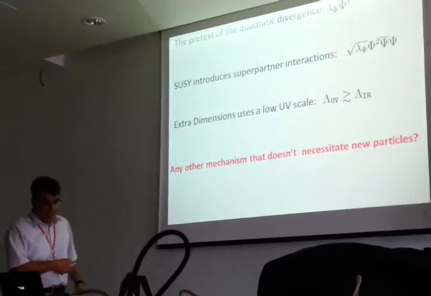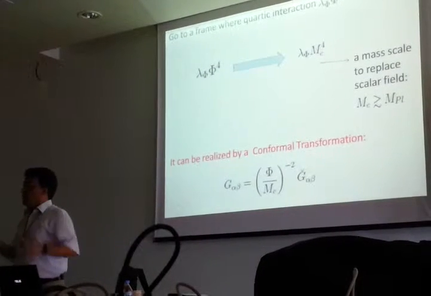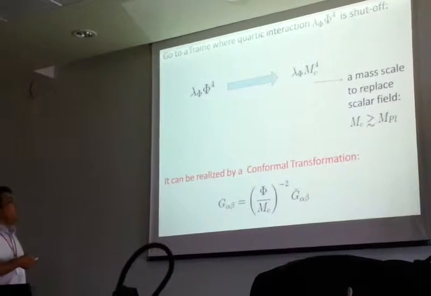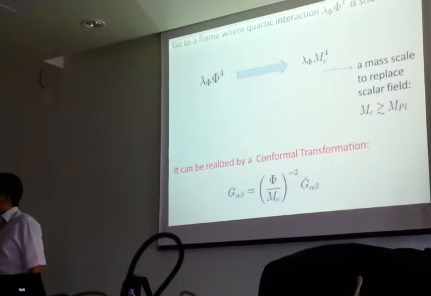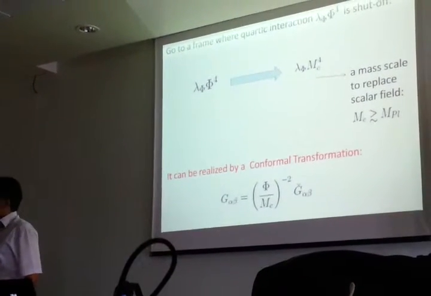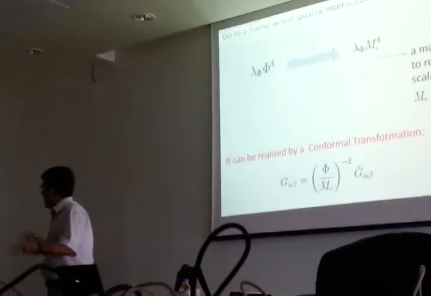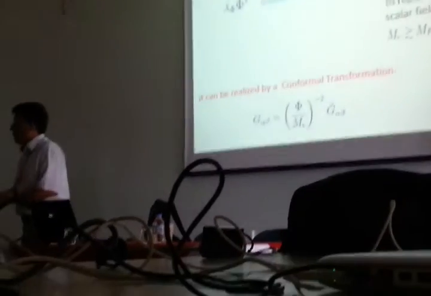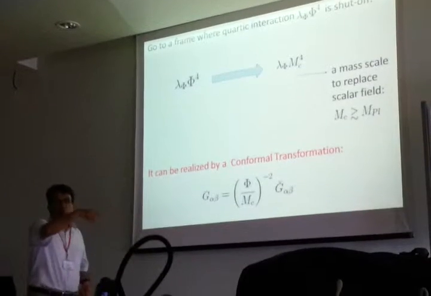Essentially, one can imagine playing some game such that this quartic interaction is somehow replaced by some constant amount of energy. That is to say, the quartic interaction is there, but in essence you shut it off. You make it off by saying that my field doesn't have such a quartic coupling. Can you do it? Well, you can do it. Is it a solution? We don't know. We should check. Okay. The way, of course, by hand, you can go there and write instead of phi some MC.